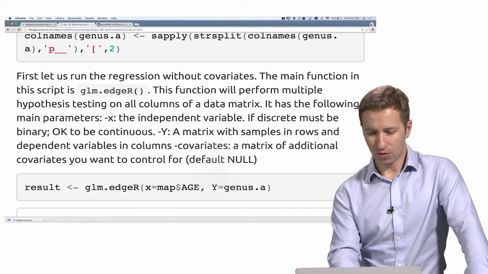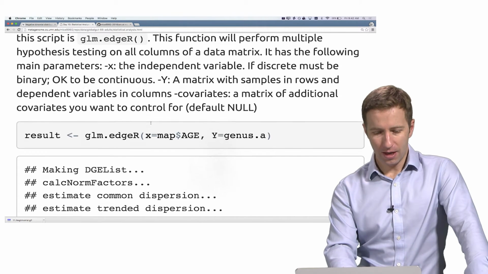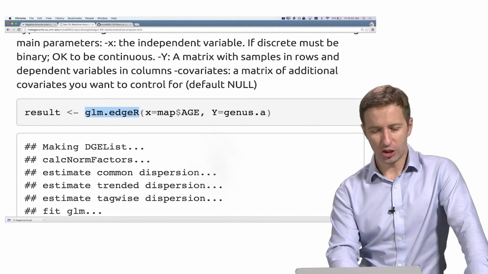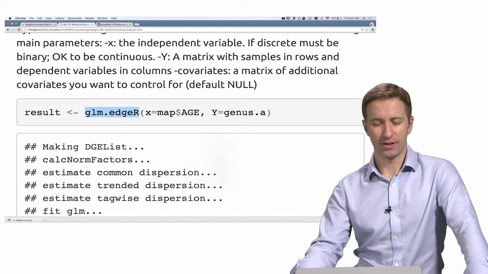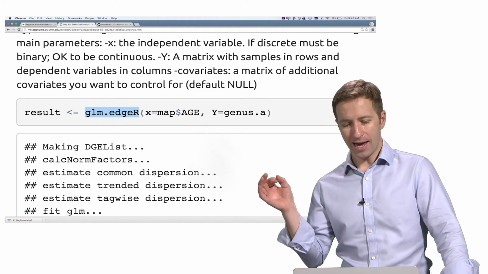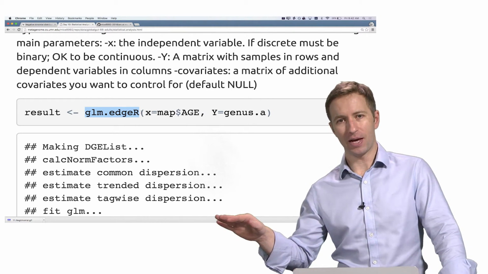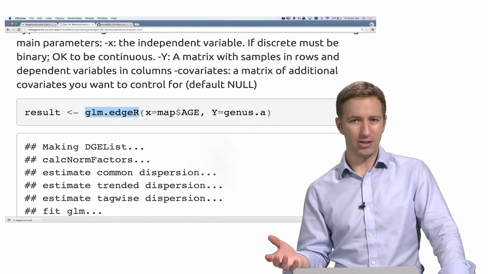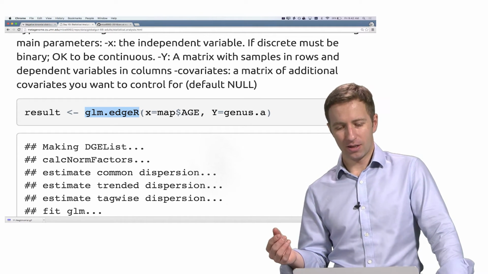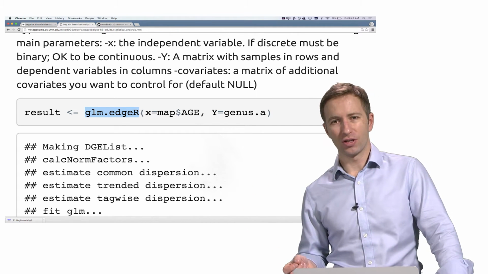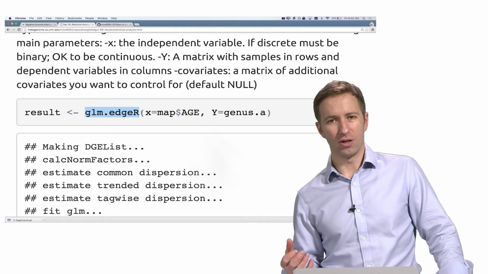And we're going to run the regression with covariates. And here's the function that I made. It's called glm.edgeR, so generalized linear model. We're going to pass in x, so that's the independent variable, and here that's age. Then we're going to pass in Y, capital Y, and usually capital letters are used to denote a matrix.